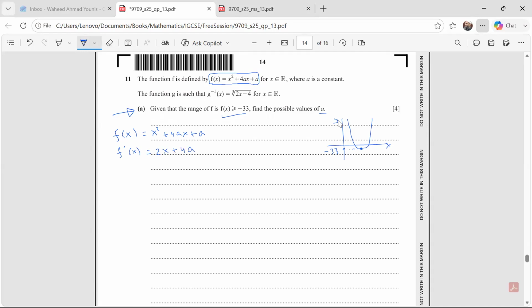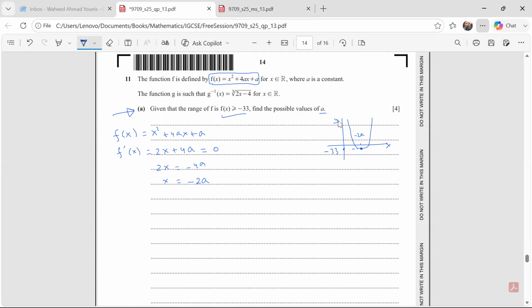If I put this equal to 0, it gives me 2x equals minus 4a, and dividing by 2, x is equal to minus 2a. So when x is minus 2a, that is the lowest point. The x coordinate of this point is minus 2a.